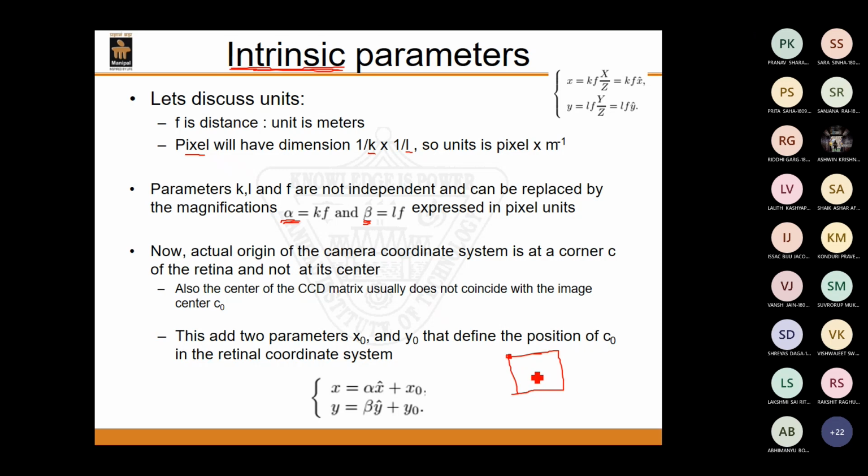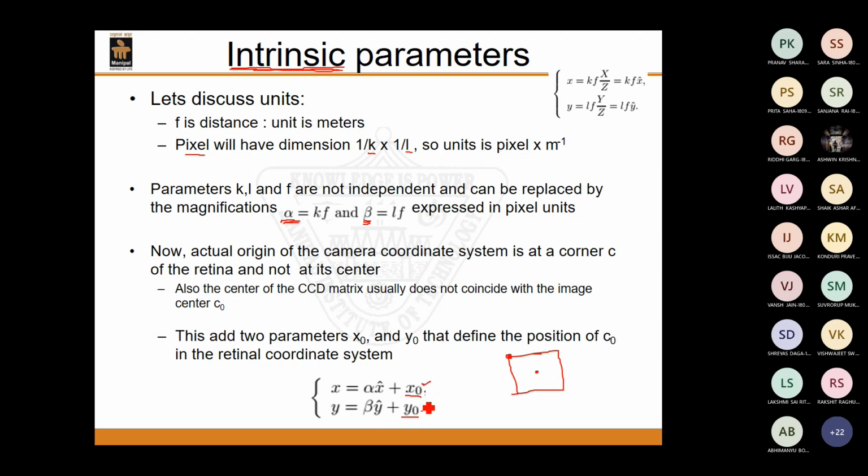So in order to translate this origin to the center of the image, you need to do a translation, where x naught is the offset that you give along the x direction, and y naught is the offset along the y direction. So I can write x is equal to alpha x hat plus x naught and y is equal to beta y hat plus y naught.